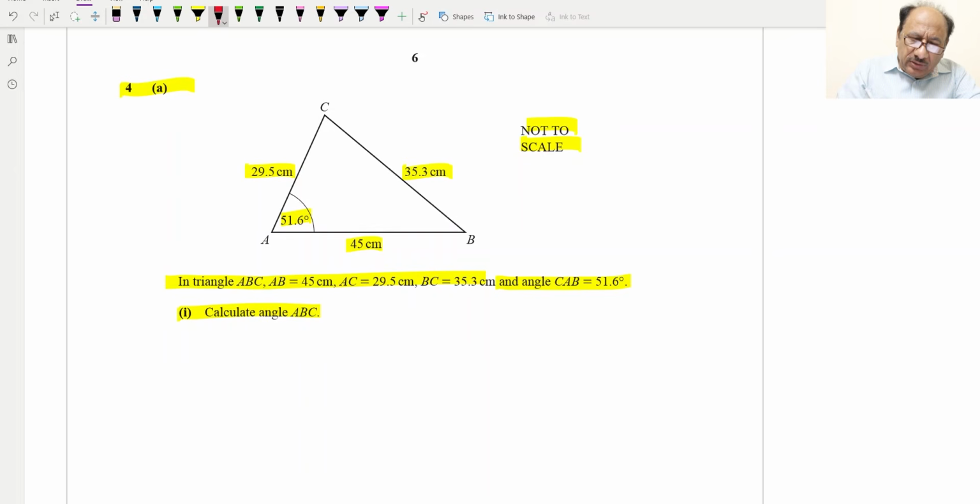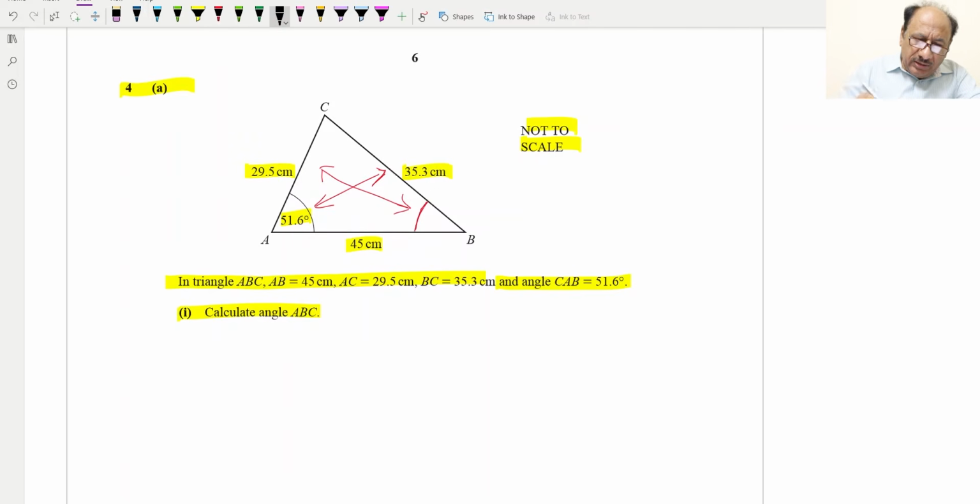So which one is ABC? ABC is this angle which we need to figure out. So we have all three sides, and one angle is also given. So we can easily apply the sine rule. Opposite side and angle we will be using.